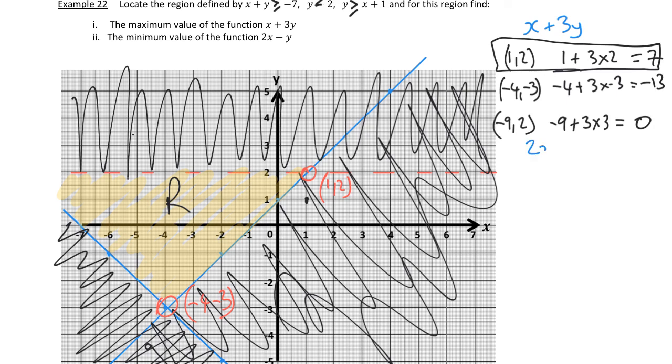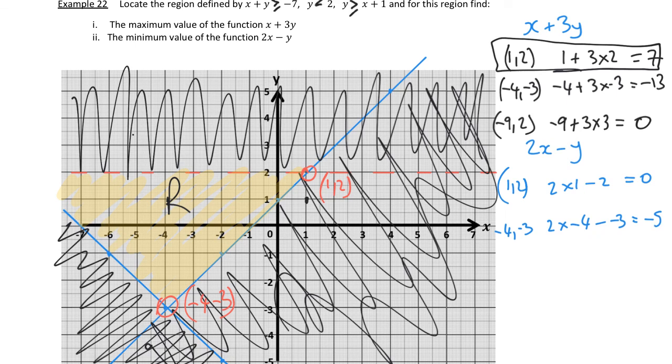For 2x minus y, again we look at the values around the edge. If we look at (1, 2), we're going to have 2 times 1 take away 2, which is 0, and at the point (-4, -3), we get 2 times -4 take away -3. So that's minus 8, add 3, which is minus 5.